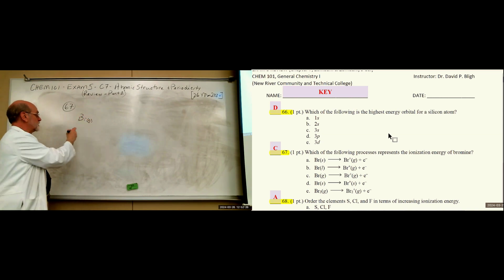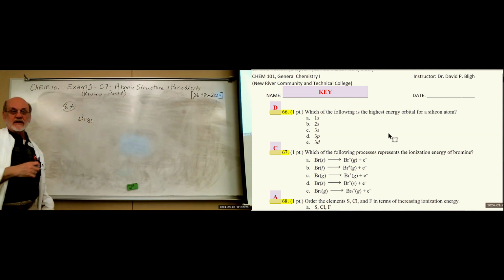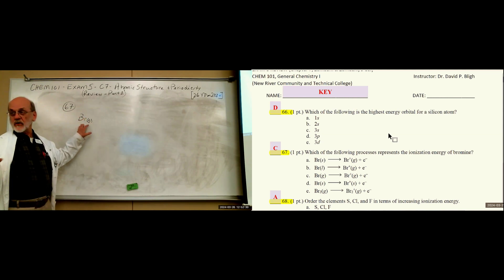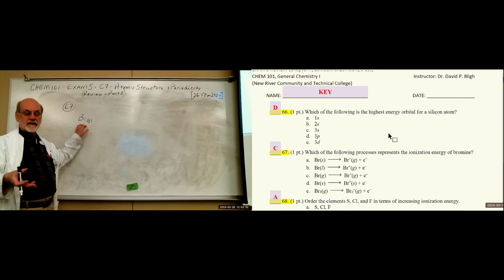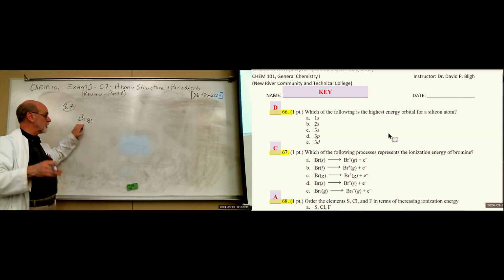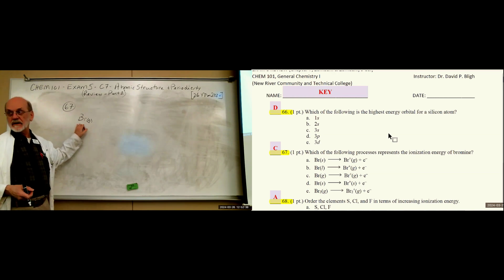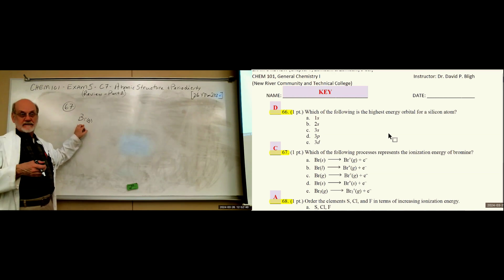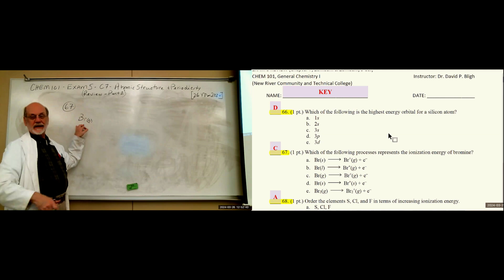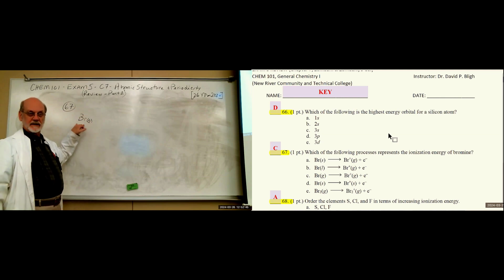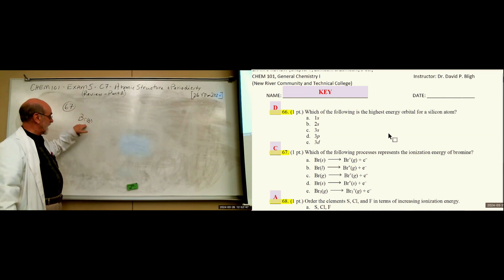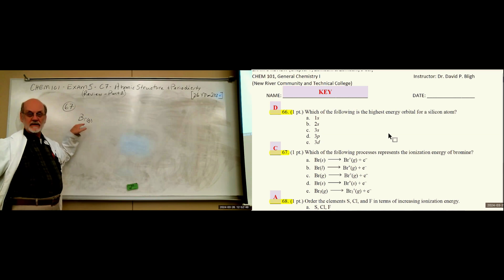Right? And the reason we do that is because bromine is normally a liquid at room temperature. If we started from that point, we'd have to add energy to it just to convert it from a liquid to a gas. And that doesn't include promoting any electrons to infinity. Right, so we have to start with gas if we want to learn about the electron movement.